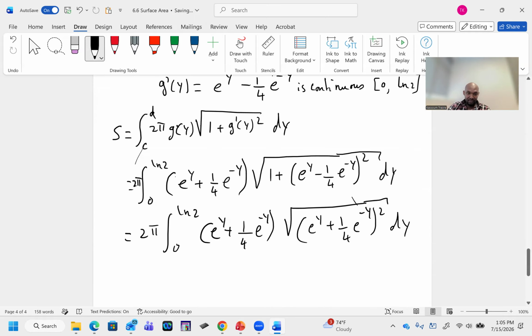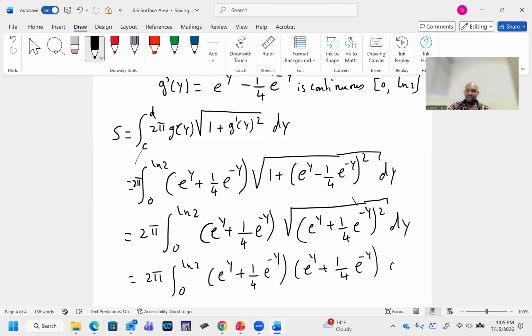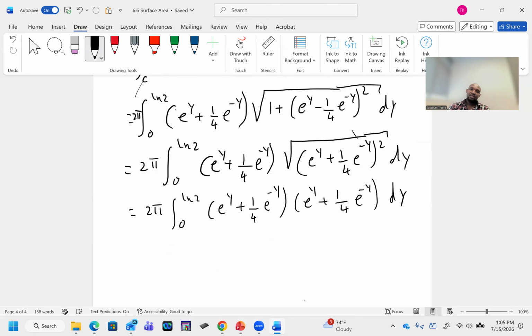So I will be left with 2 pi, the integral from 0 to ln of 2 of e to the power of y plus 1 over 4 e to the power of negative y times e to the power of y plus 1 over 4 e to the power of negative y dy.